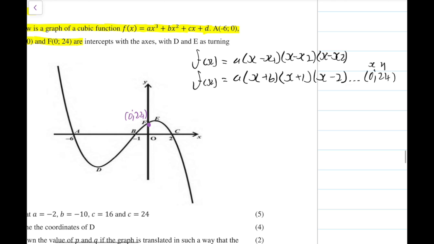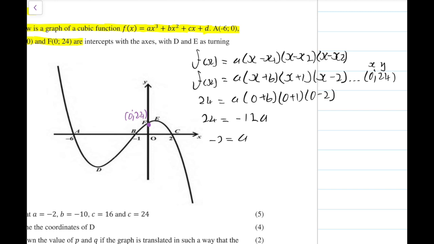So 24 is equal to a into (0 plus 6)(0 plus 1)(0 minus 2). So 24 is equal to minus 12a, divided by minus 12, and that's a equals minus 2.